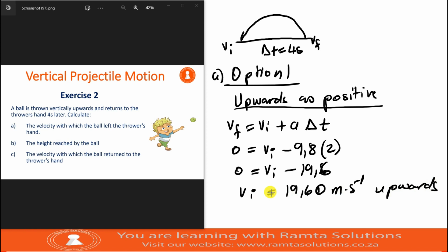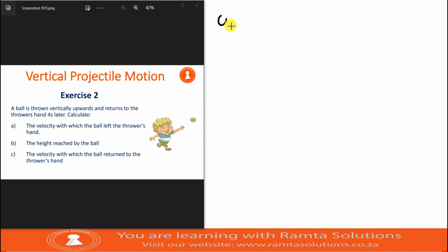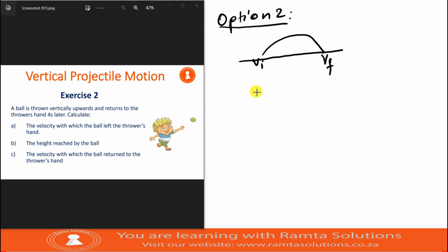Now let's look at option 2. For option 2, we will consider the entire motion. Remember, if this is initial velocity and this is final velocity, and this is the same point, initial velocity will be equal to final velocity but in opposite directions. Therefore, we can say final velocity is equal to negative initial velocity.